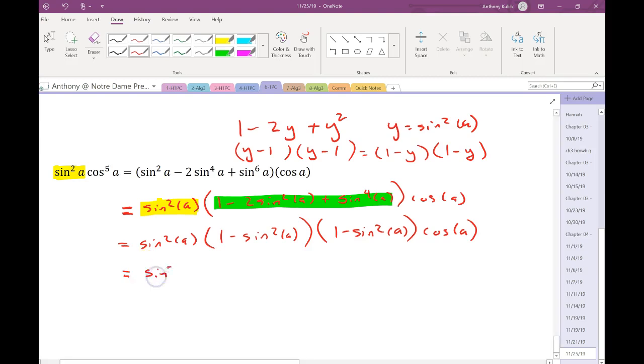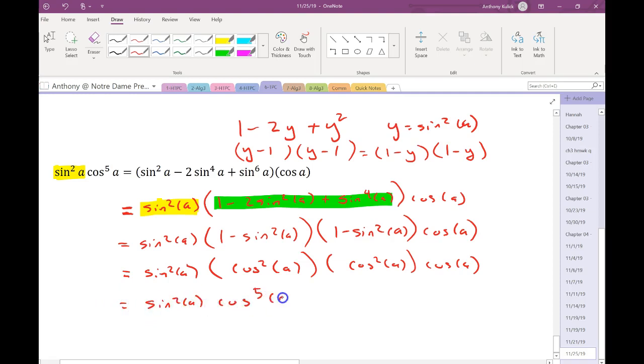That's a good idea. Because what was that piece in green? What did we need it to turn into? To the fourth, right? And what do we have there? It's 2 cosine squareds. Yep. And now when we multiply those all together, what are we going to get? To the fifth. And we're done.